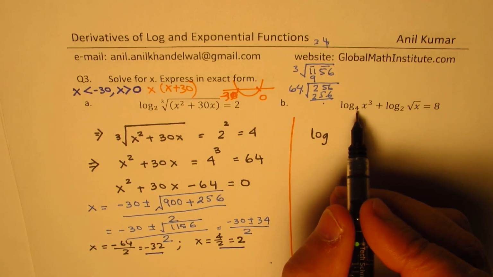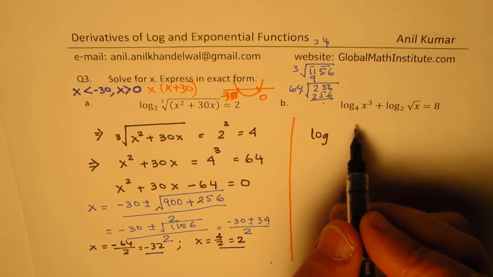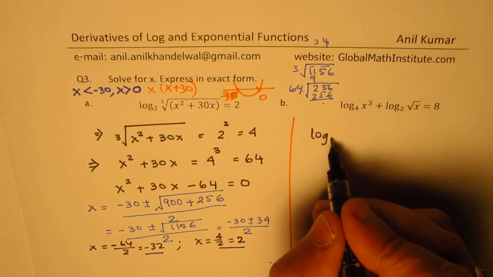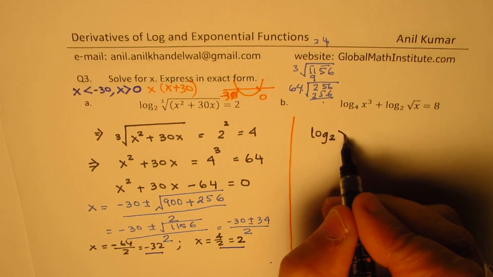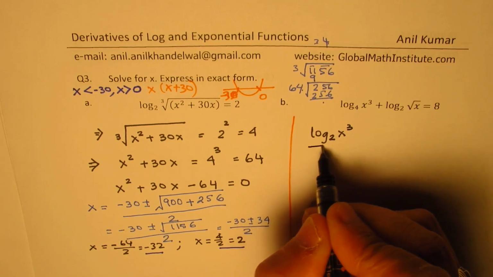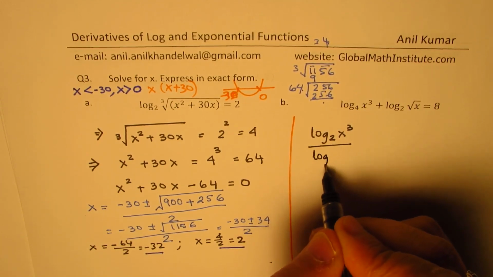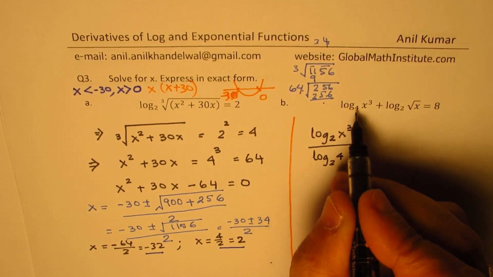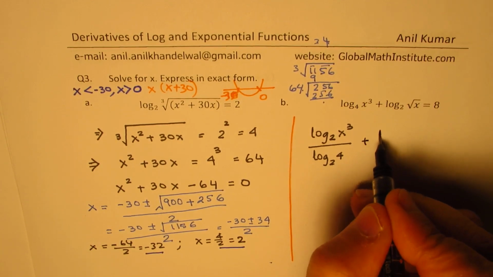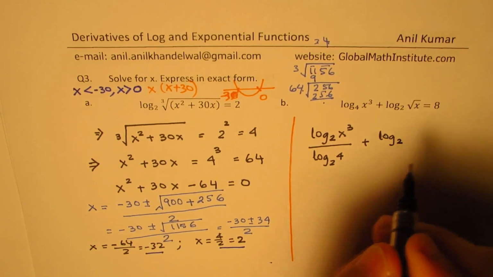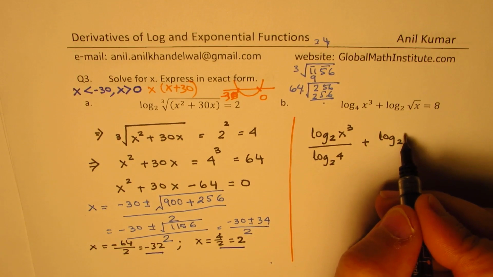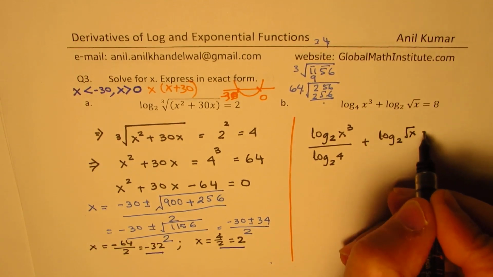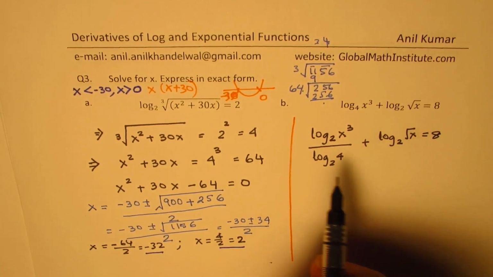So if I change the base to 2, then we get log to the base 2 of x cubed over log to the base 2 of 4, the first expression, right? Plus we have log to the base 2 of the square root of x equals 8.